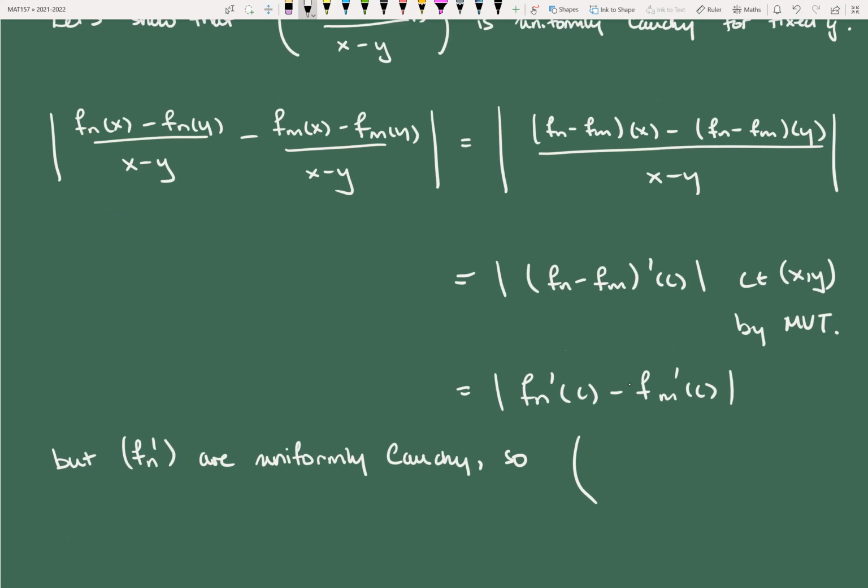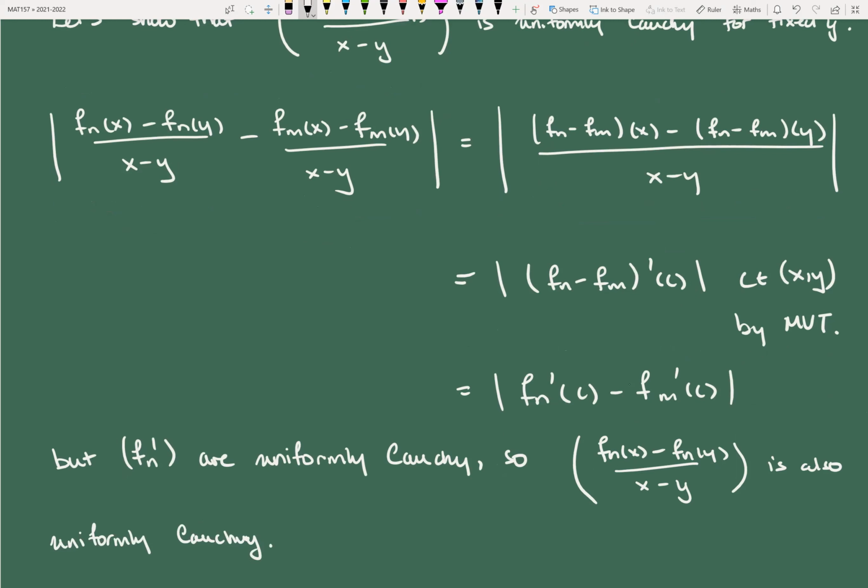So that means that this sequence is also uniformly Cauchy.